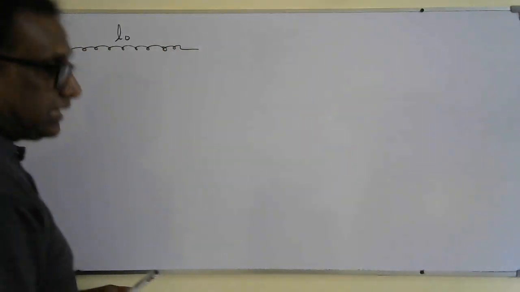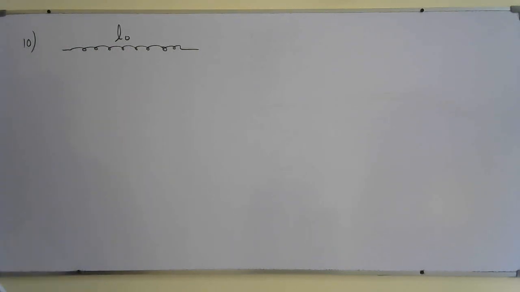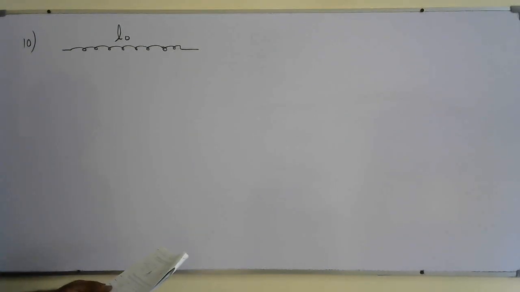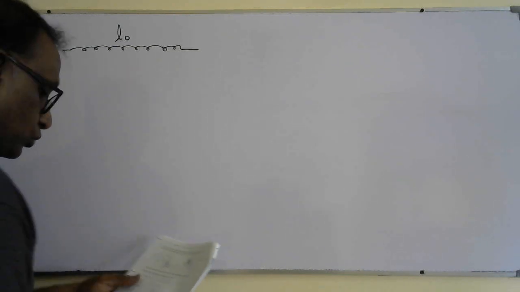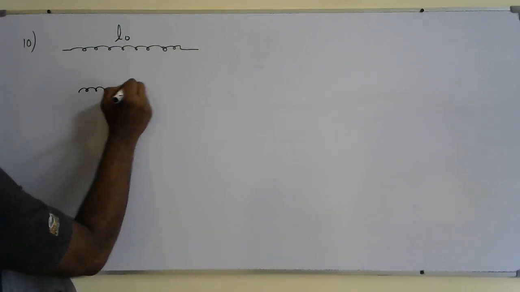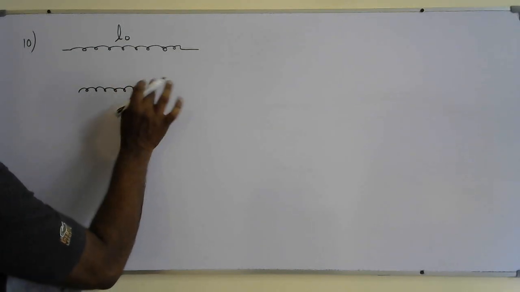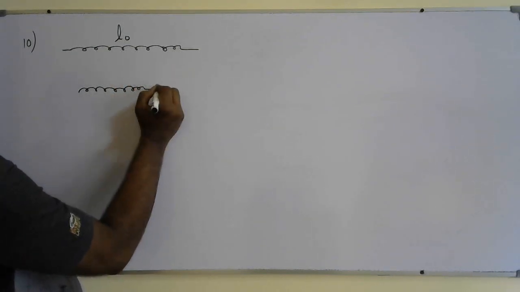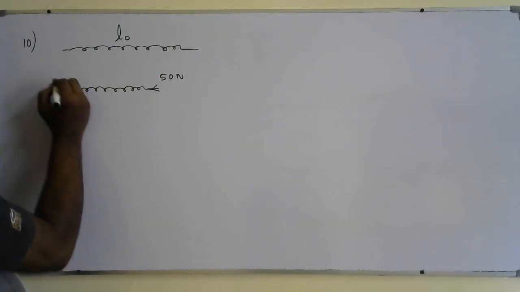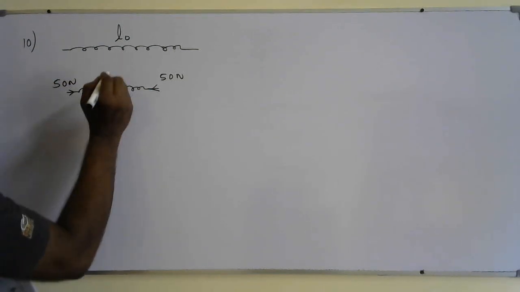Okay, so here initially the natural length of the spring is L0 when there is no force acting on it. Now we are compressing it with a force of 50 Newton. The length of the spring has become 12 centimeters. So now we'll draw like this. So you are applying a compressive force of 50 Newton, so I should mark it on either side.